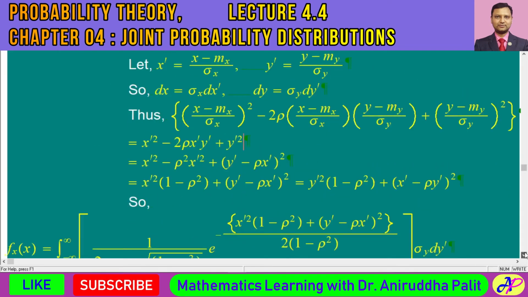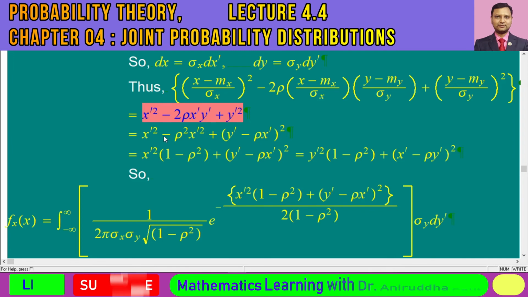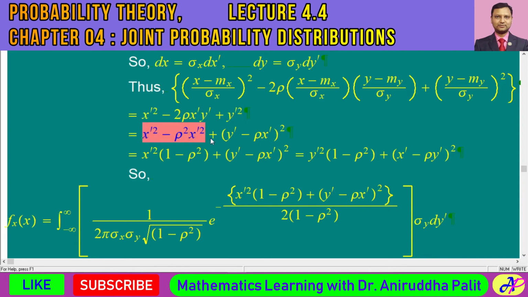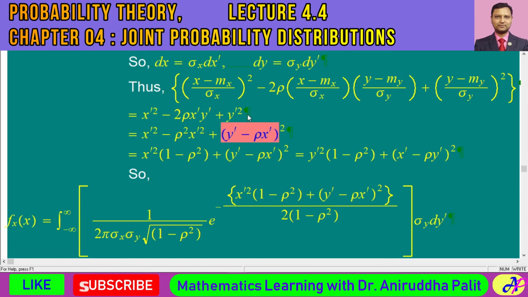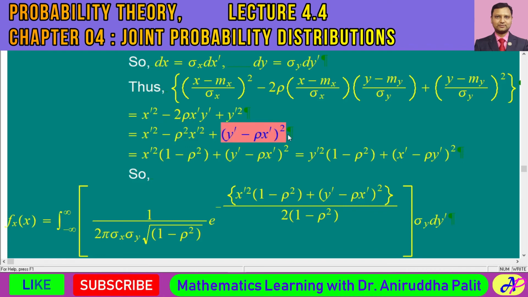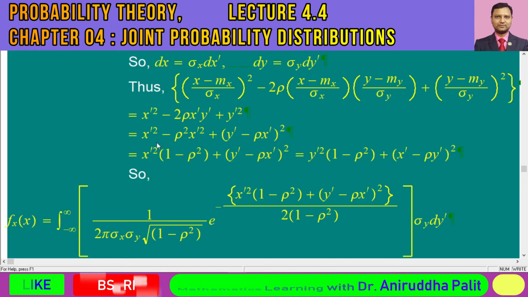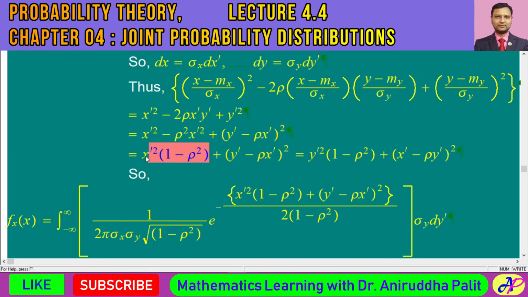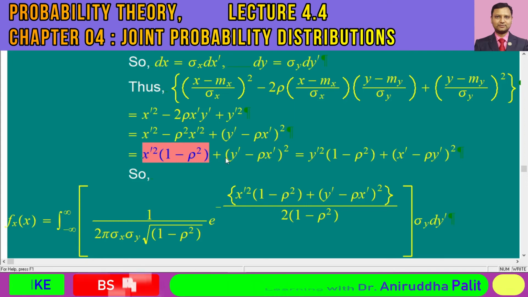Now this expression can be further manipulated, and we are trying to extract a perfect square expression involving y prime. If we adjust this term by subtracting rho square x prime square, then adding rho square x prime square, we can have this type of perfect square, and the remaining term can be written in this way, taking x prime square as a common quantity.